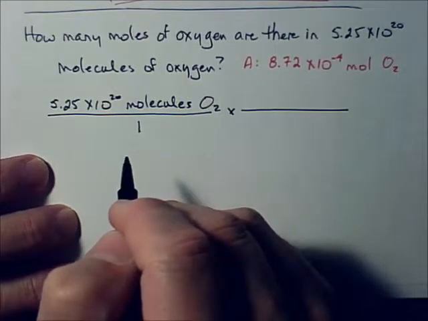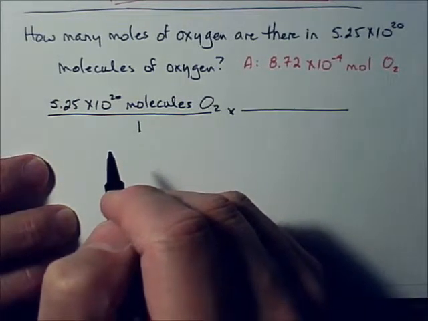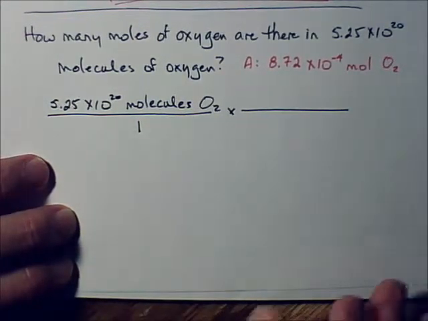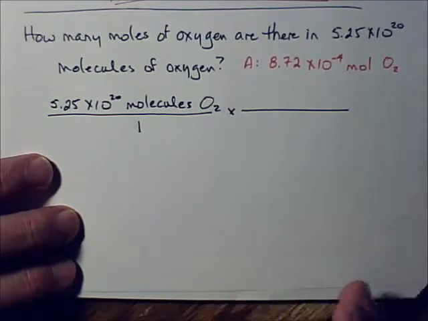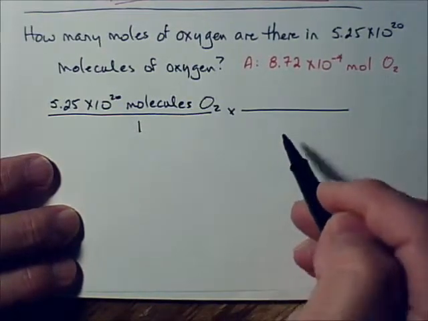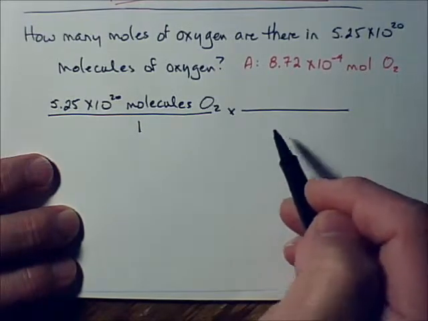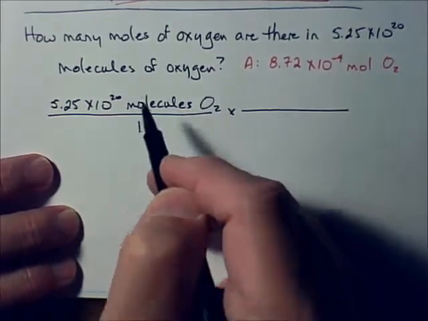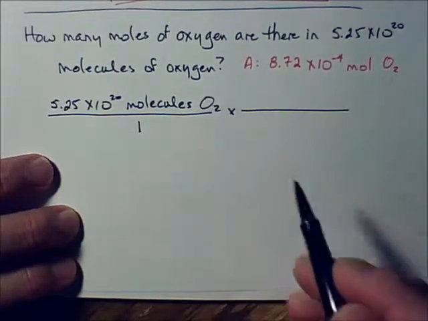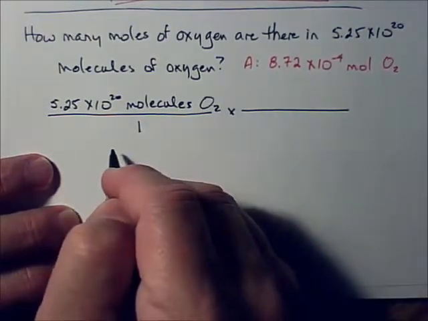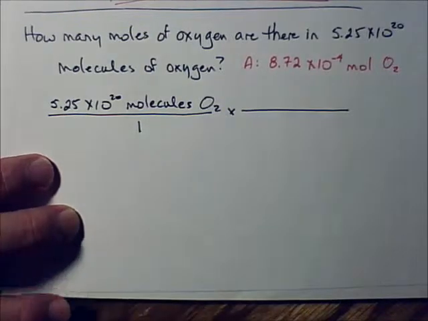Has anybody tried to get this answer and just got the wrong answer from the calculator? All right, we're going to show you how to do it then. Okay, what do I put on the bottom here? No, I did not put 1 mole on the bottom here because moles won't cancel molecules. Okay, I need an equality statement, guys.